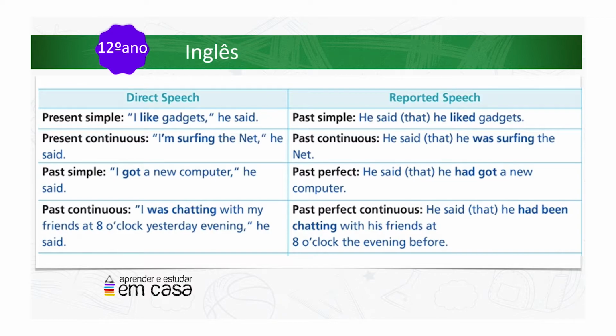Present continuous goes to past continuous. Okay? Past simple goes to past perfect. But past perfect remains the same. There's no change when it's past perfect. Past continuous goes to past perfect continuous.